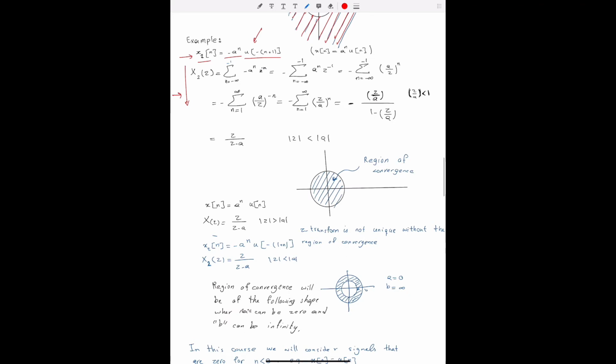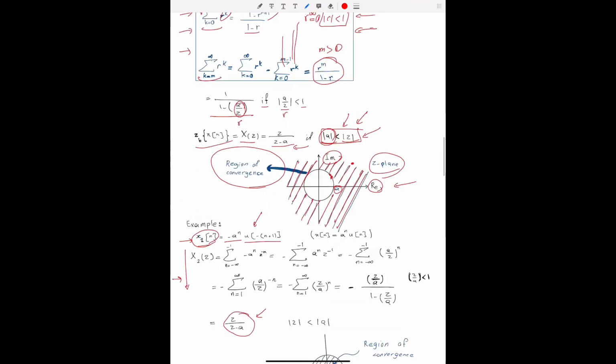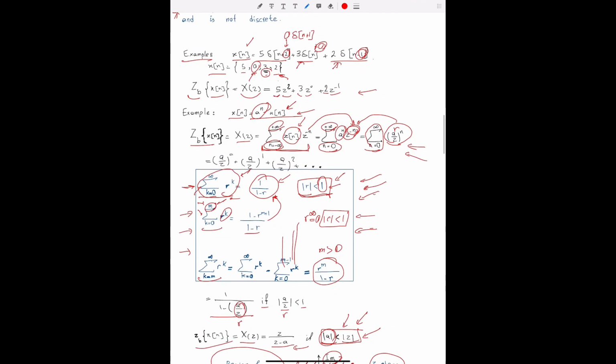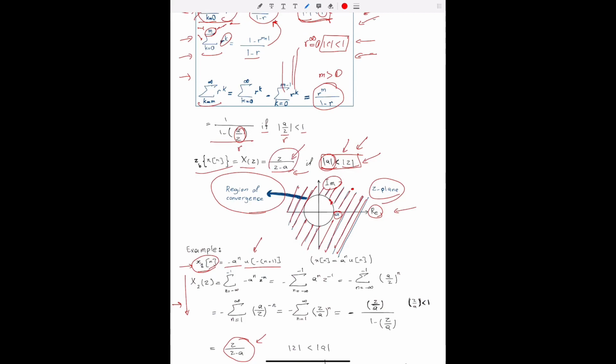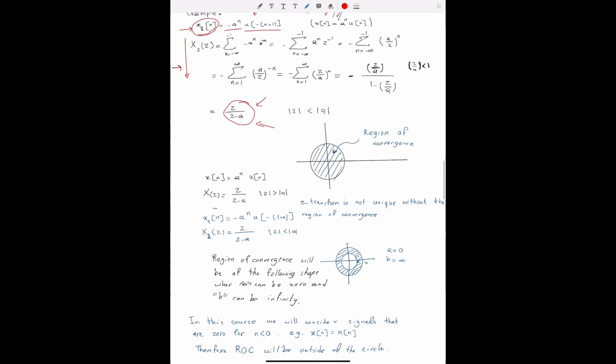And the interesting thing that happens is that the z transform of x2 of n is exactly the same thing that we found for the z transform of x1 of n. So in the previous example, a to the power of n u of n, if you recall, we found z divided by z minus a, and here also we find z divided by z minus a.